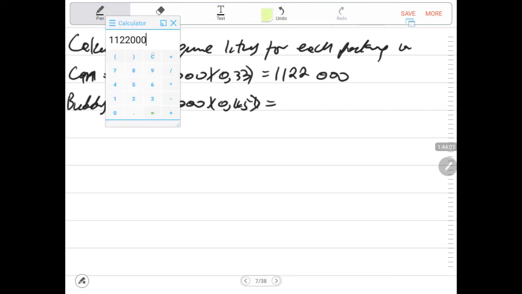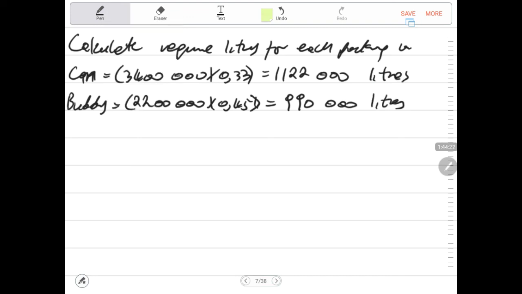That will be 2,200,000 times 0.45. This is 990,000 liters. Then we have the jumbo.